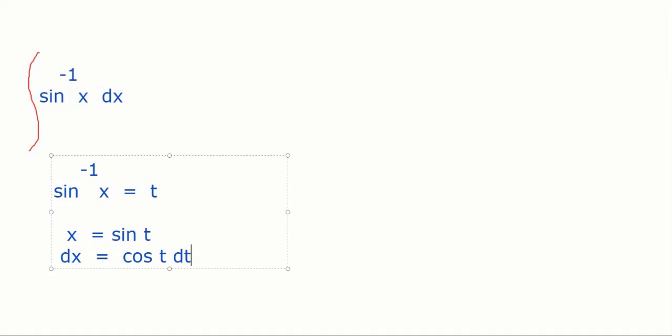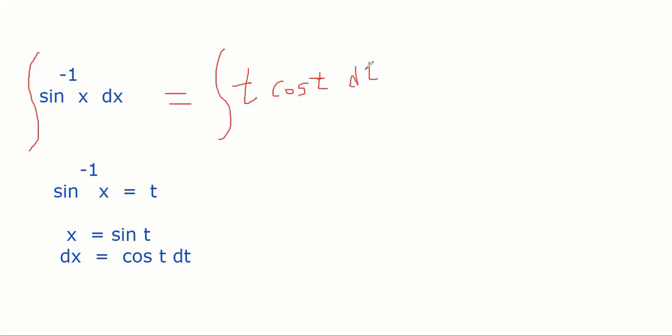So you can substitute both separately. Your integral becomes integration of sin inverse x, which is t, and dx, which is cos t dt. So you might feel that we have made the question bigger. Yes, you are right. But what did we do in log x? We made it bigger by assuming log x into 1. So my question now becomes t into cos t dt.